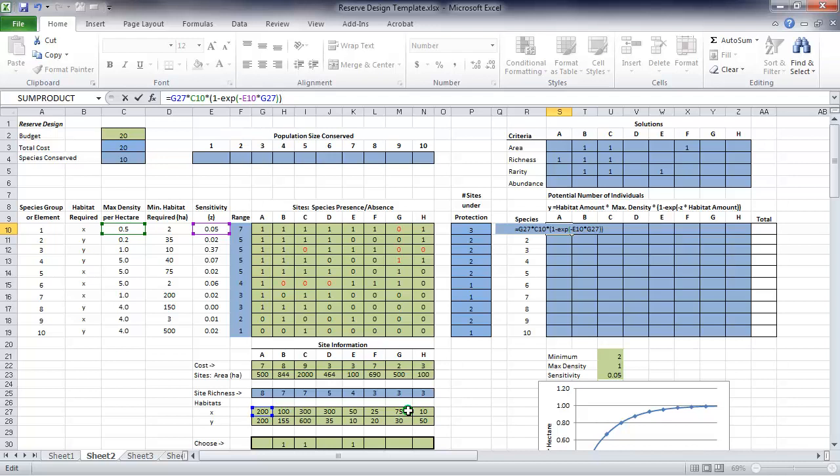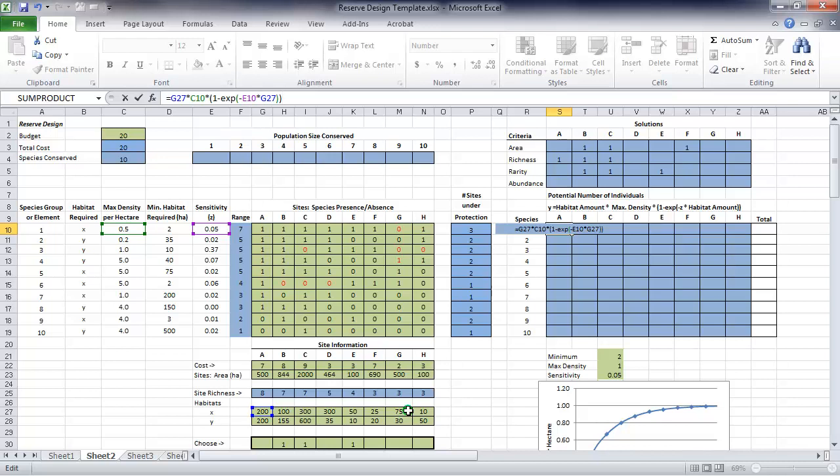There can be any number of reasons why you might expect that species to be there, but it's not. It could be, perhaps, that the habitat is newly created and it just has not been colonized yet. It could be that there's an invasive species that's present and it is out competing our target species, and so our target species is no longer present even though the habitat is there.